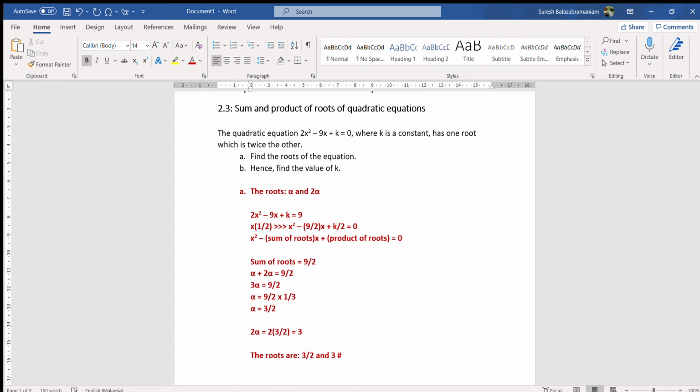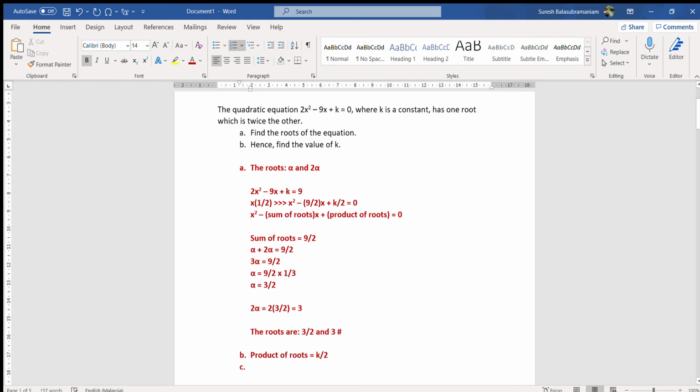Now move on to question B. Hence find the value of k. To find the value of k, we will use product of roots. Product of roots is this part, or c, and the equivalent in the equation is k over 2. Product of roots is the multiplication of the roots.